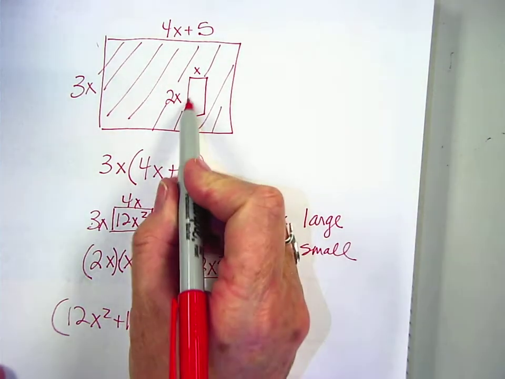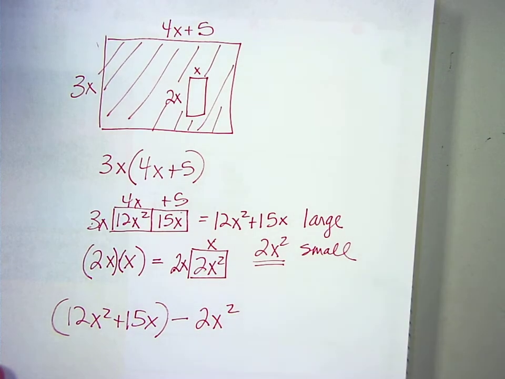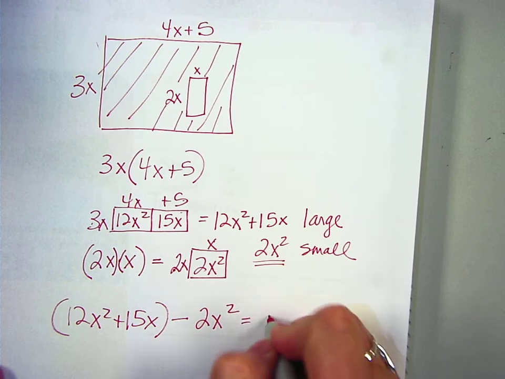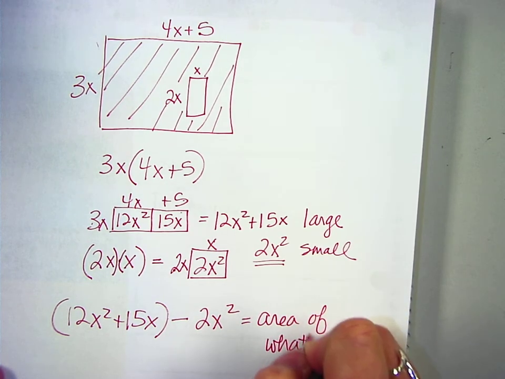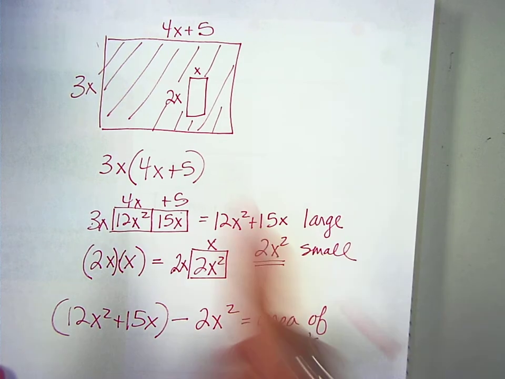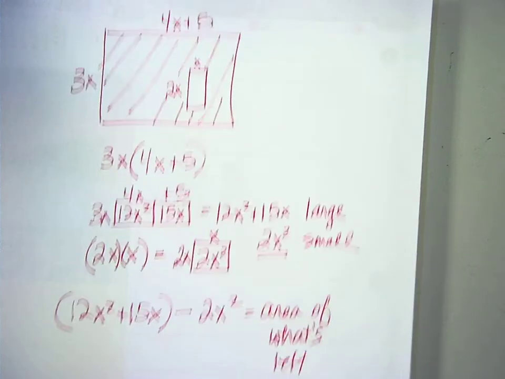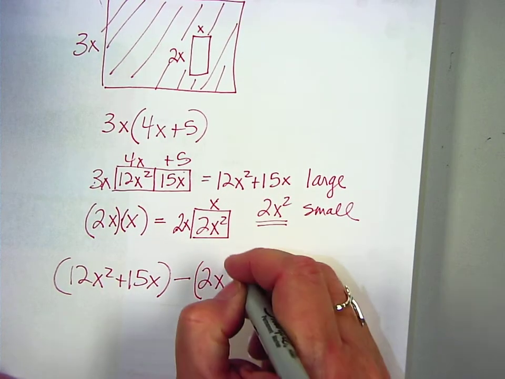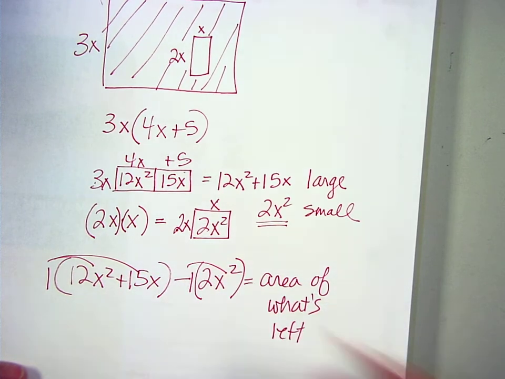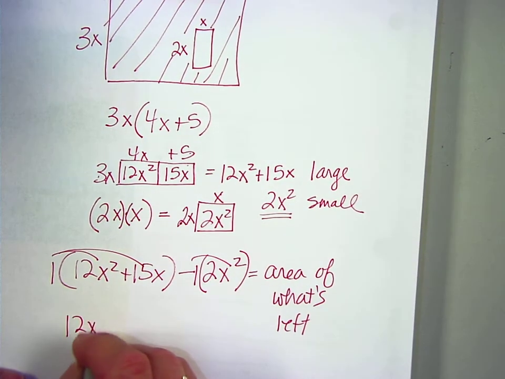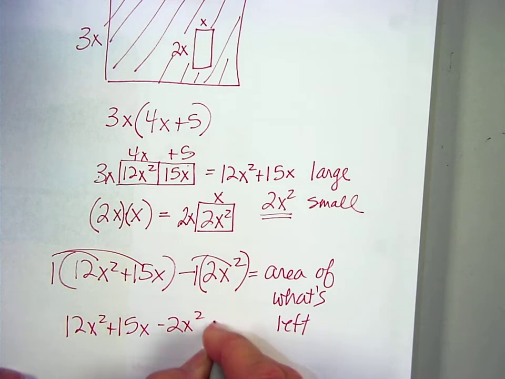If I subtract the area of this, which we decided was this, that's going to give me the area of what's left. The big area minus this little rectangle right here. So the way I would do this is distribute a 1 here and a negative 1 here, and we would get 12x squared plus 15x minus 2x squared.